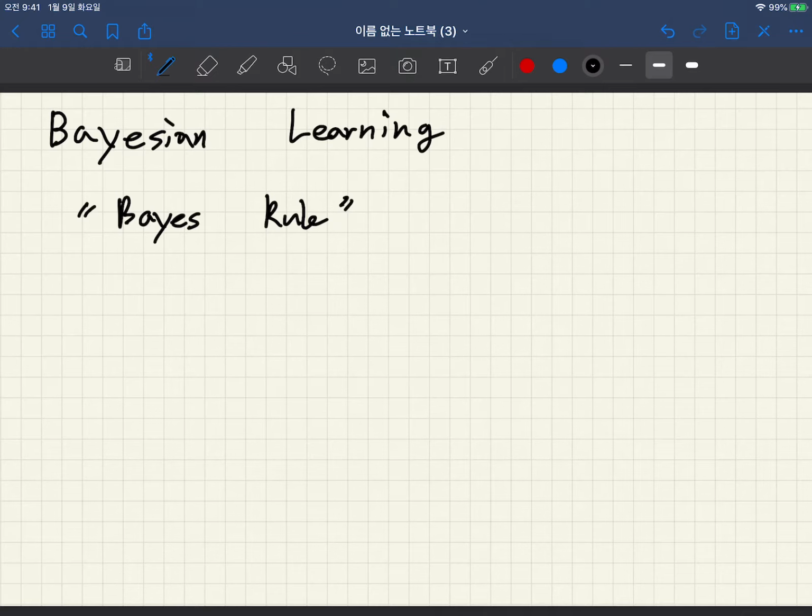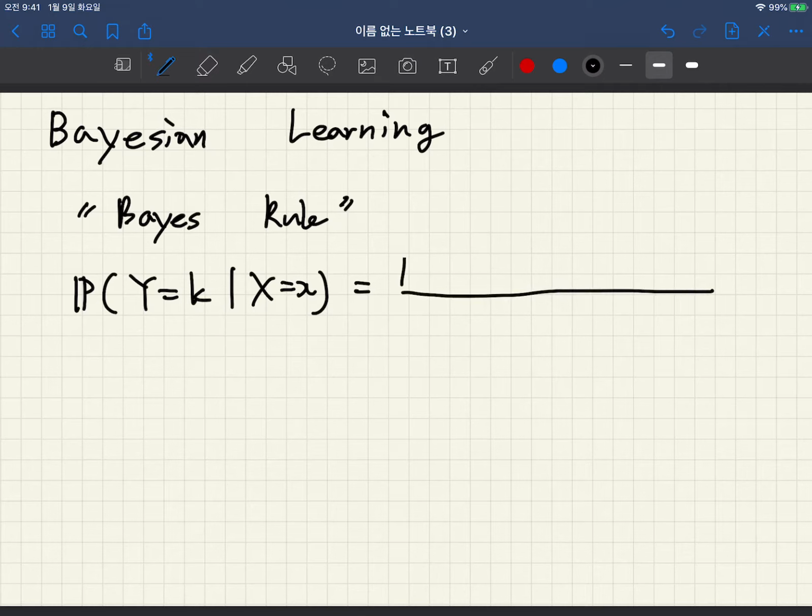The Bayes' rule is very simple, which is about conditional probability. So the conditional probability of y equal to label k for given x is equal to probability x equal to x given y equal to k times probability y equal to k over probability x.